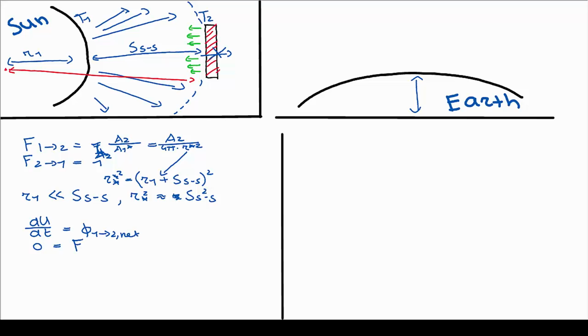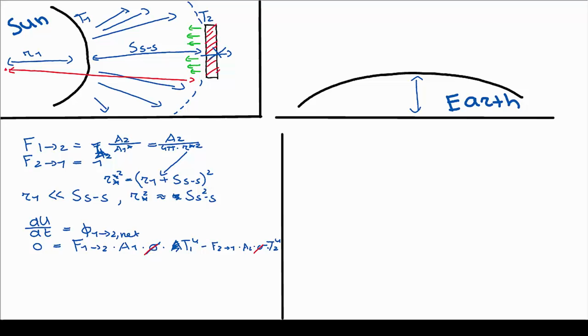And fill in this Q net and see the visibility factor 1 to 2 times the area times the constant times the temperature, minus the same but now the other way around. And you can see that those constants are going out.